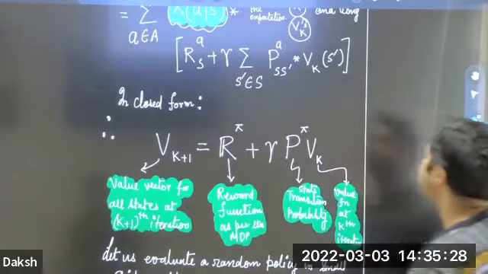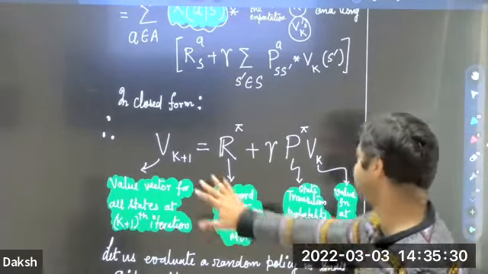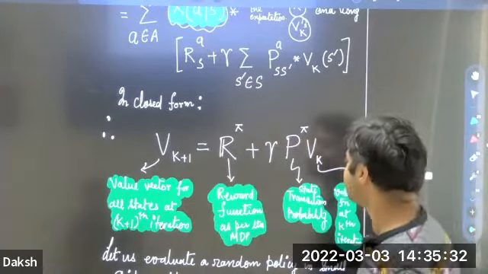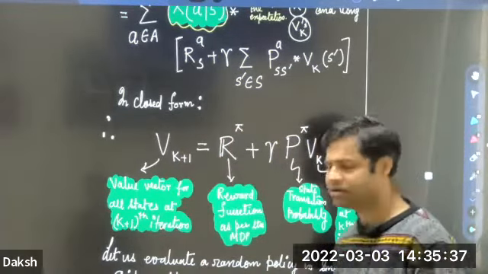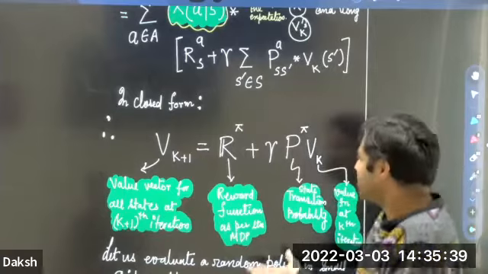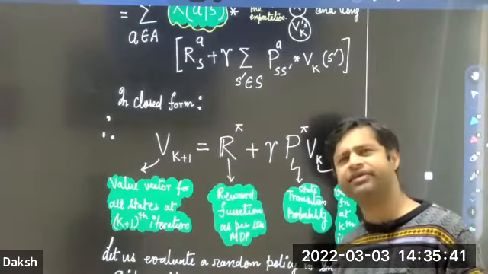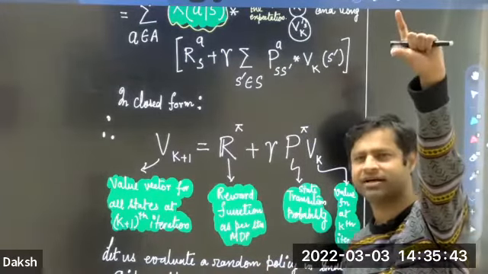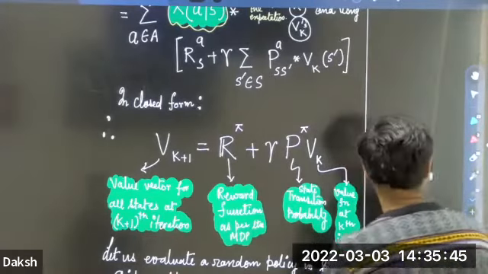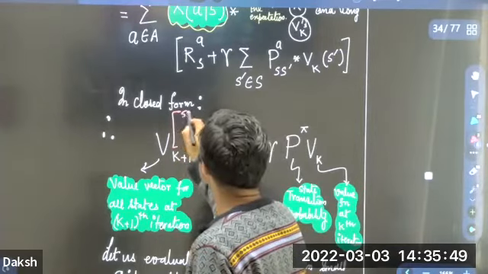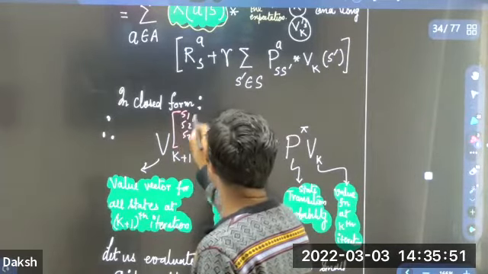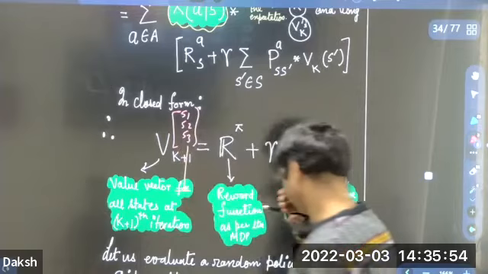So this can actually be written like this. It's not very important to really say. It's a closed form function. We're not going to use that much. But the only thing is, what is V(k+1) for all the states? It's a vector: state 1, state 2. If you want me to write it down, it can be for state 1, state 2, state 3, and so on for all the states.